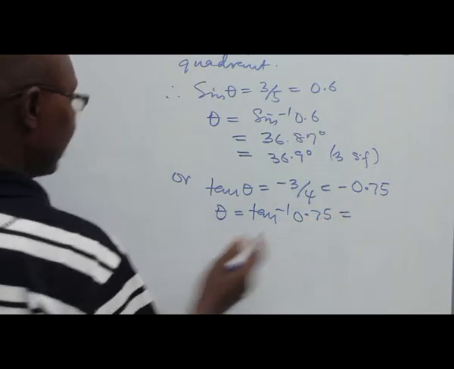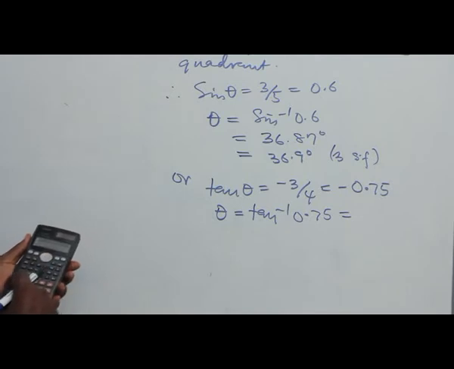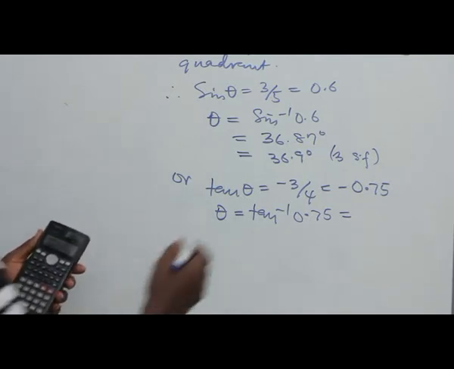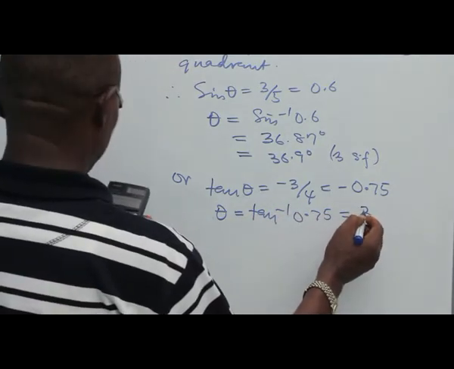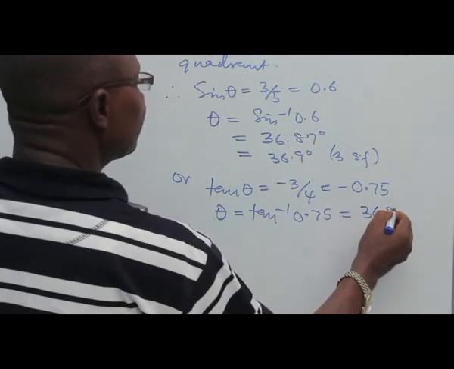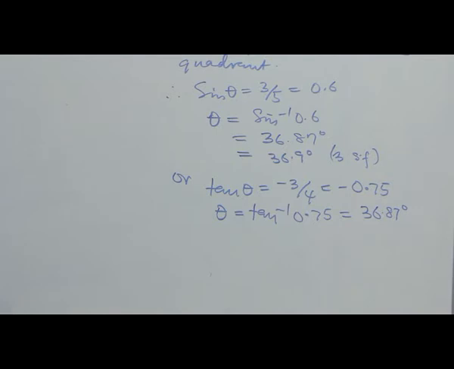Then again, we go to our table and we find the value of arctan 0.75, and that will give you again 36.87 degrees as far as this case is concerned.